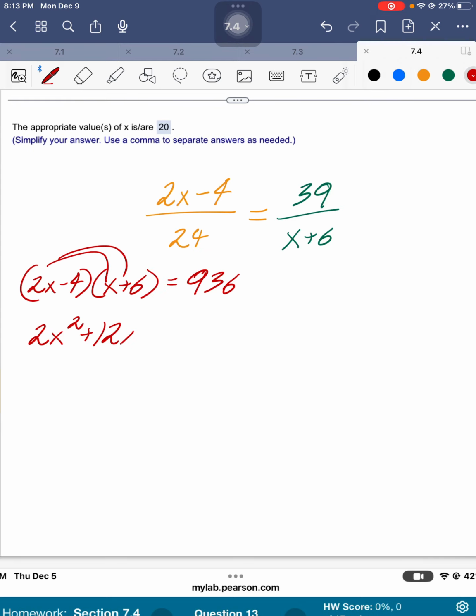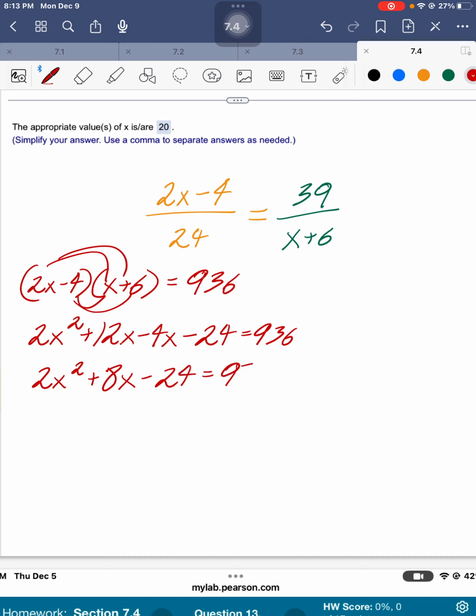This is 2x squared plus 12x minus 4x minus 24, equals 936. So this is going to be 2x squared plus 8x minus 24 equals 936.